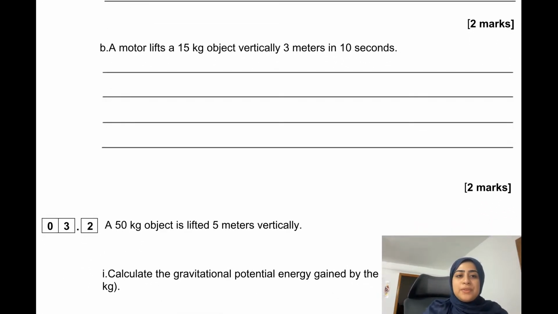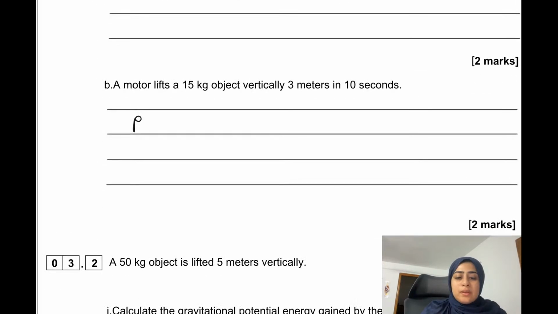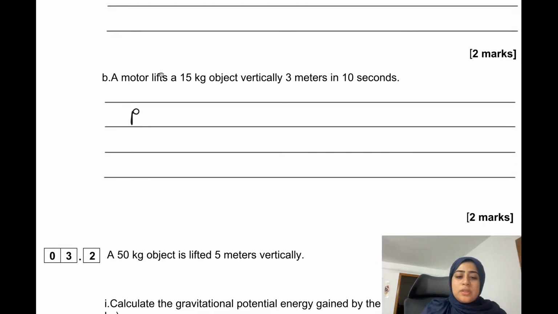And then it says a motor lifts a 15 kg object vertically 3 meters in 10 seconds. So here we know that power... So we know we got the work done as 441, and we would divide that by 10 seconds because that would help us to get the power.